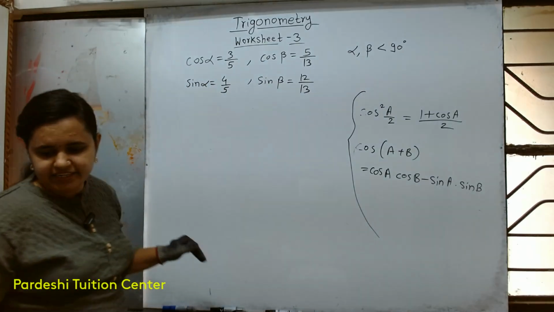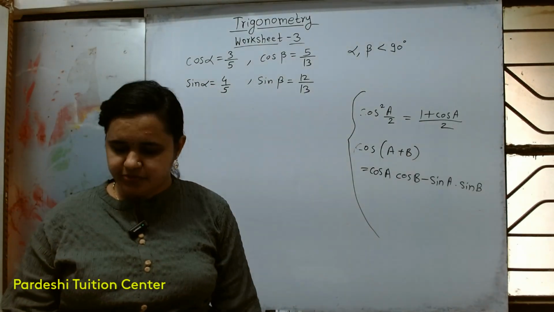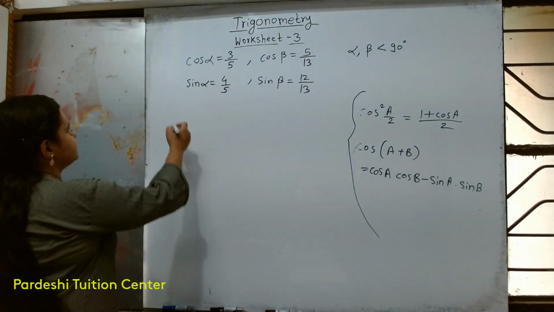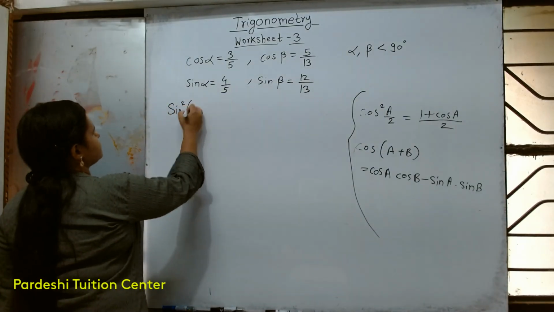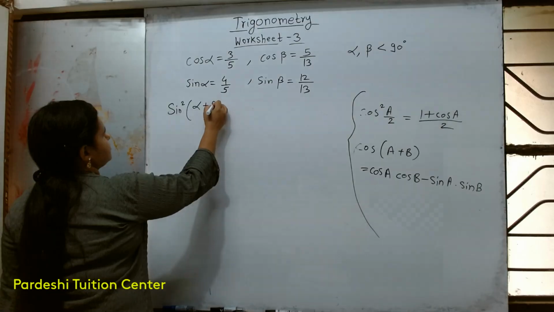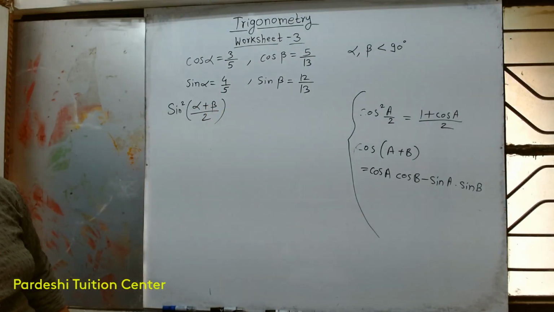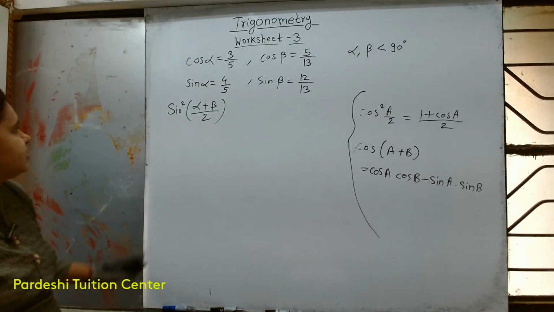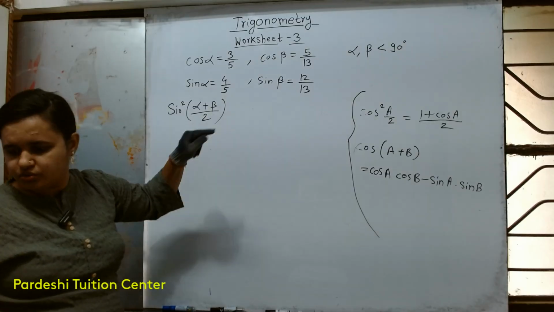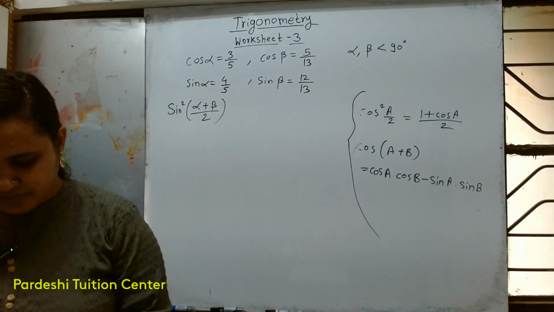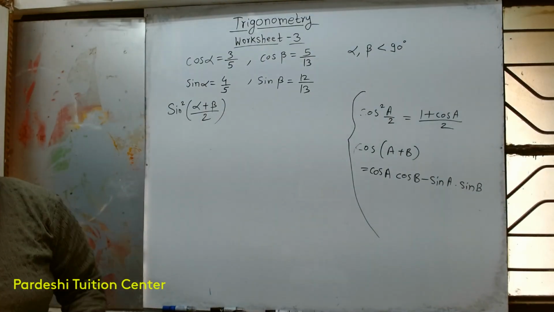Now the 18th question: sin square (alpha plus beta) by 2. Here again we can put in the formula.